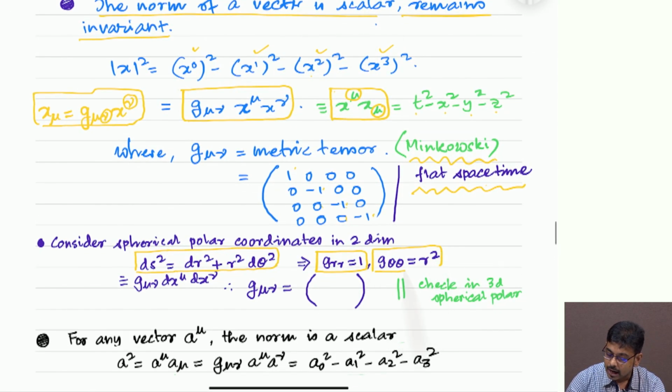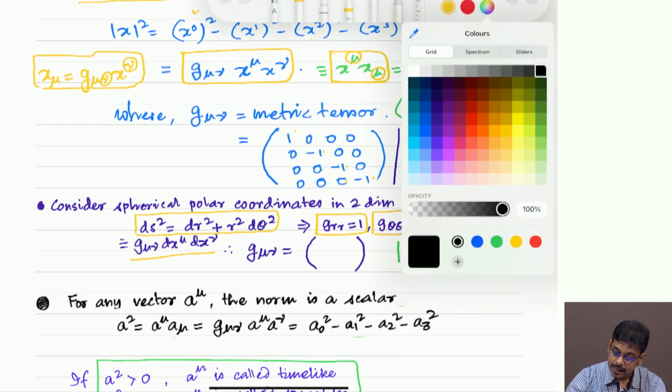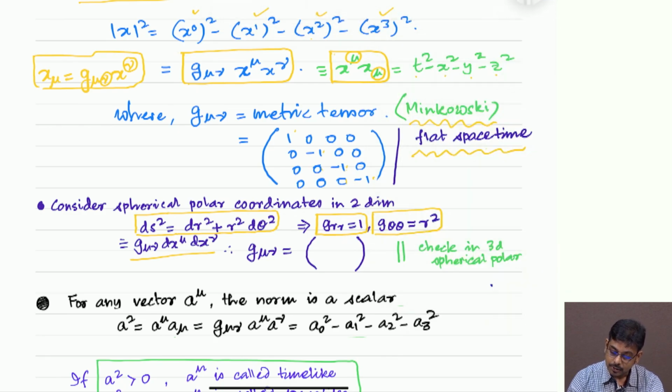So, let us then write ds square as nothing but g mu nu dx mu dx nu. What will be the g mu nu matrix? Let us write it explicitly. As you can imagine, this will be a 2 cross 2 matrix, since it describes the 2 coordinates r and theta.